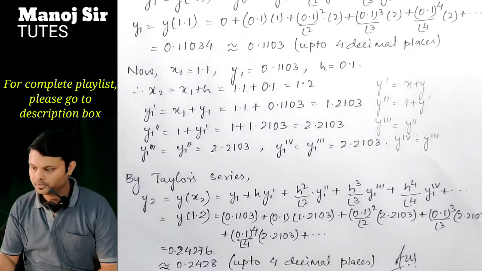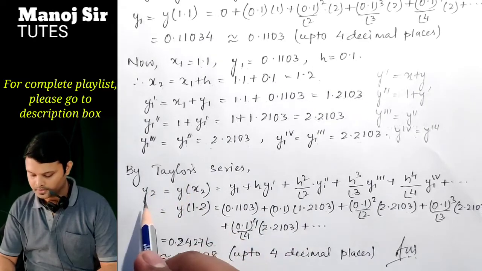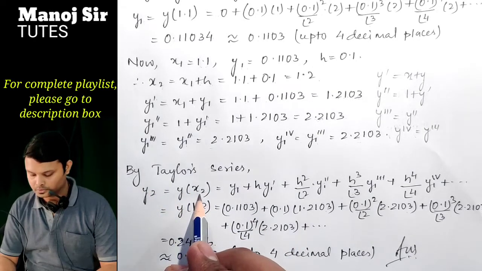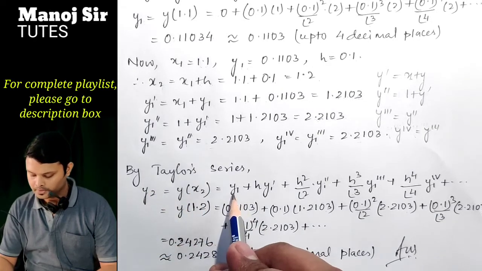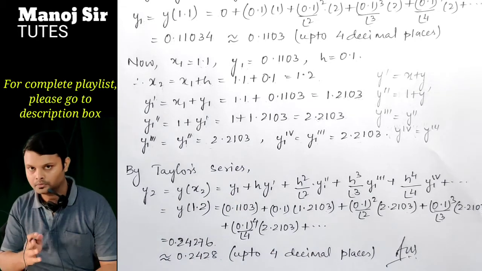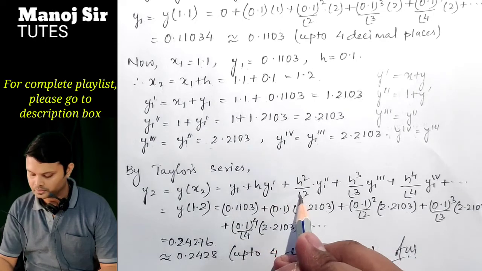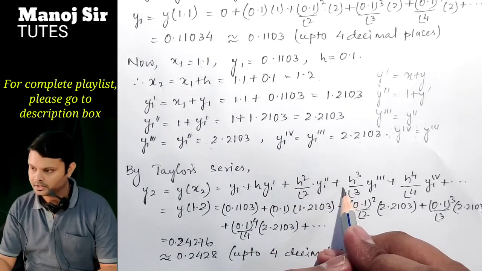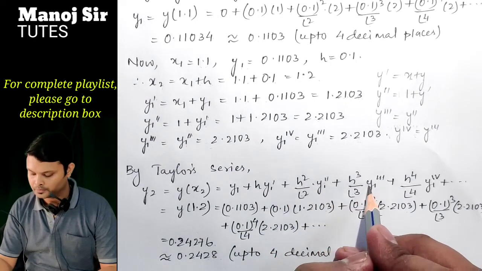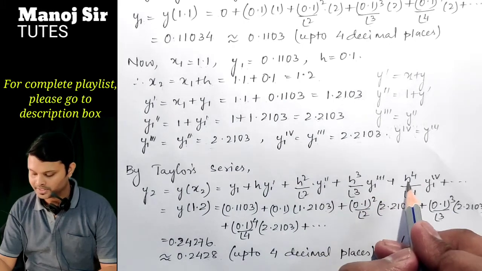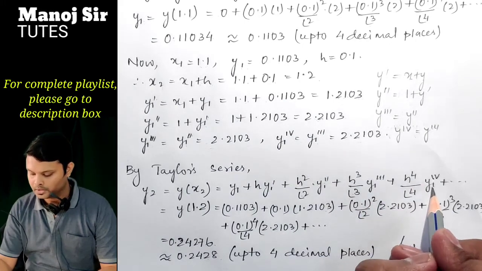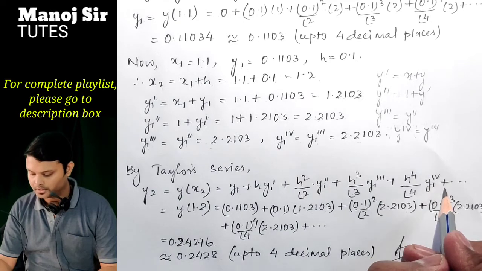Now we can use Taylor series, that is y2 at x equals 1.2. In place of y naught we will put y1. So y1 plus h into y1 dash plus h square upon factorial 2 into y1 double dash plus h cube upon factorial 3 into y1 triple dash plus h to the power 4 upon factorial 4 y1 quadruple dash plus dot dot dot.